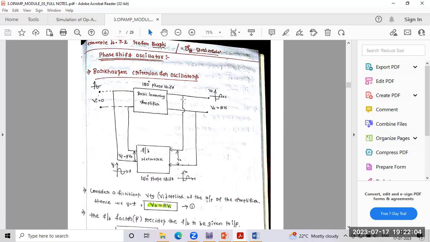Here, I'm going to give the basic inverting amplifier output to a feedback network. The input for this feedback network is nothing but V naught, and the output of this feedback network is VF, the feedback voltage. Here we took A for the amplifier, and here beta.